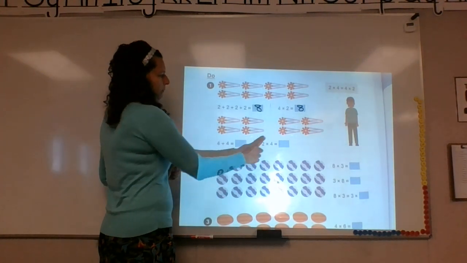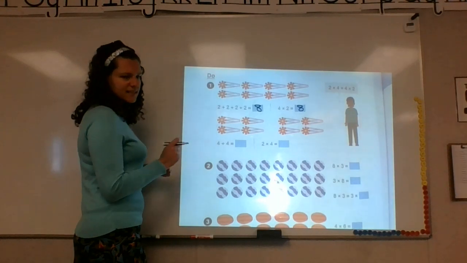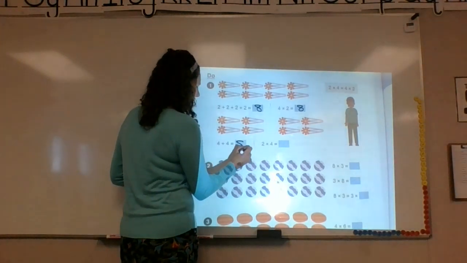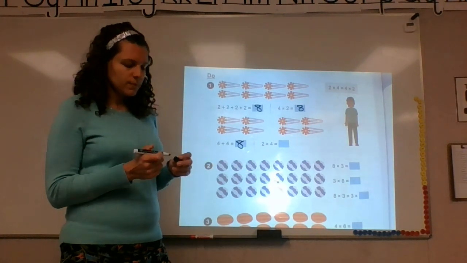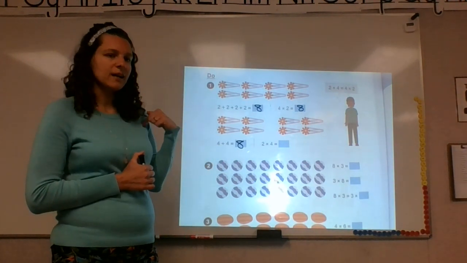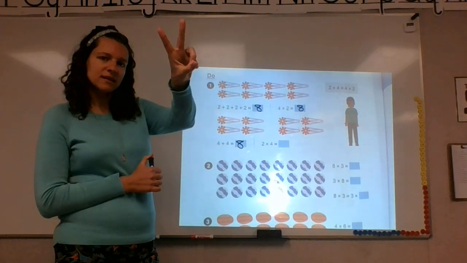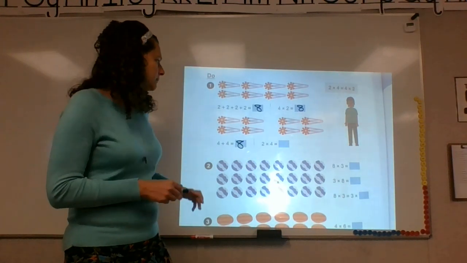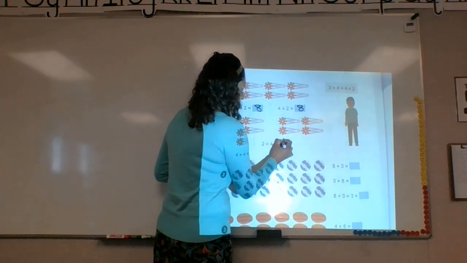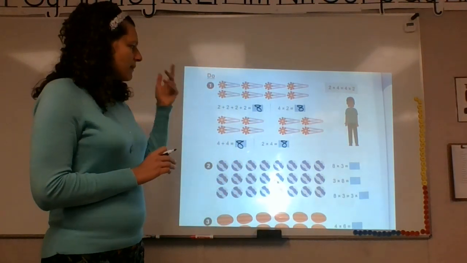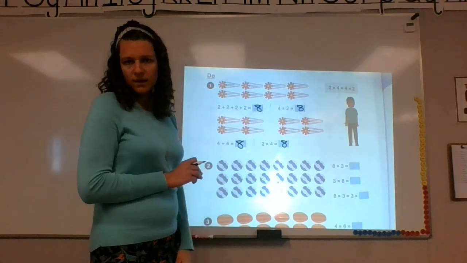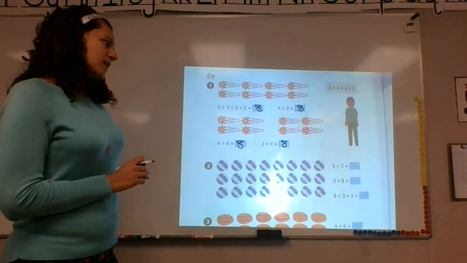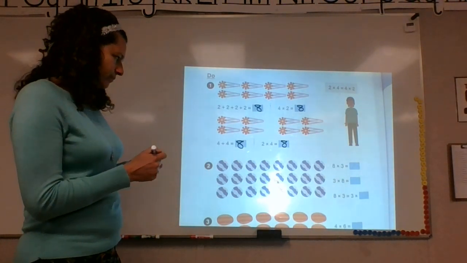All right, so 4 plus 4, what is that, class? That is 8. And 2 times 4 is the same thing, but let's just double check, skip counting by 4s: 4, 8. All right, good. Once again, we're just seeing it doesn't matter what order we multiply our numbers in, the answer is still going to be the same.